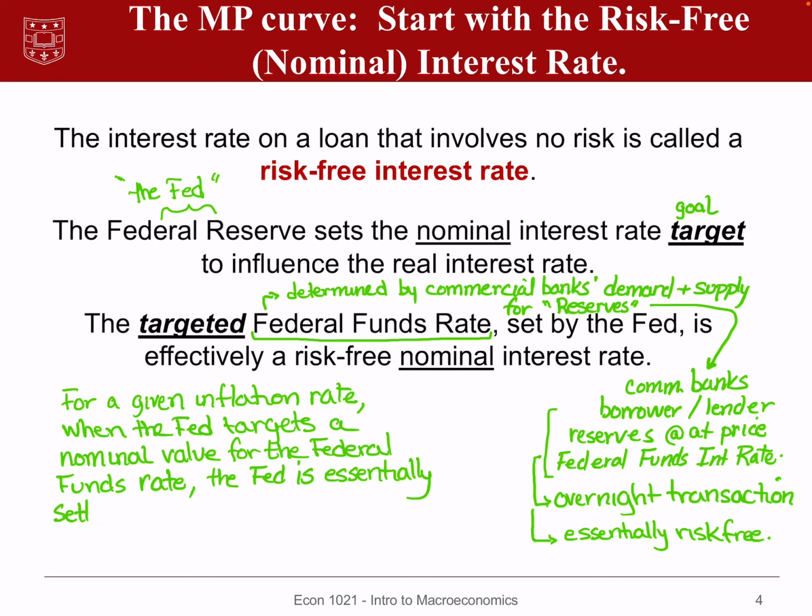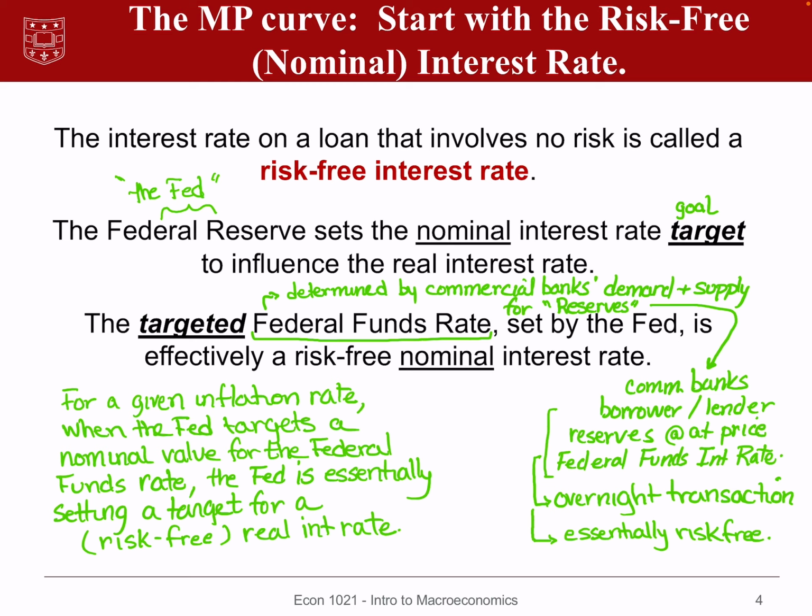It's essentially setting a target for a risk-free, because of the way that we define the Fed funds rate, real interest rate. And this is important because if you recall from the previous notes, when we drew the picture for the IS curve on the vertical axis, the relevant price variable was a real interest rate.